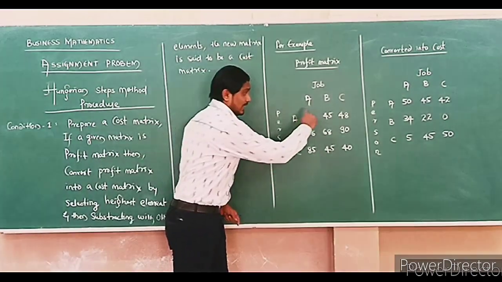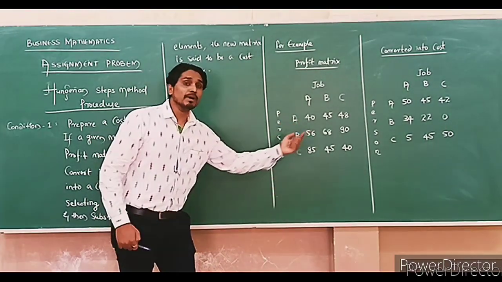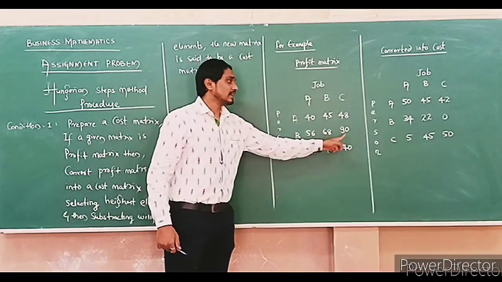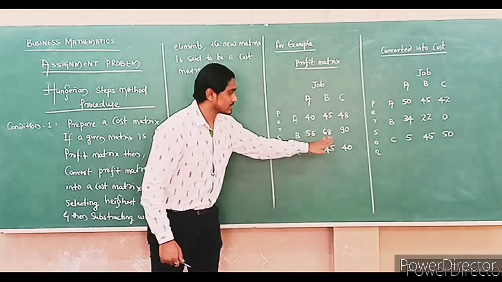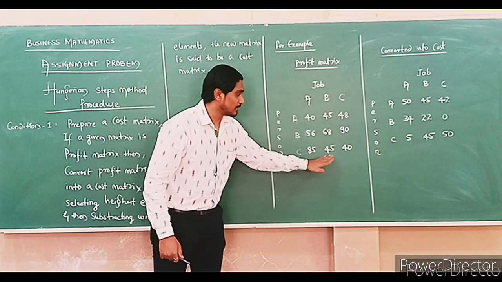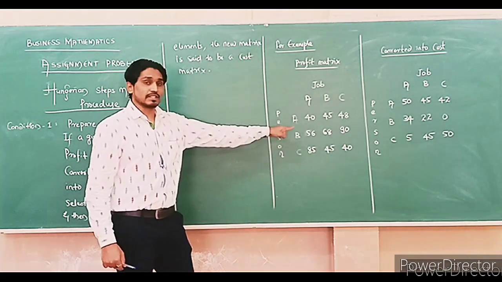We have to select the highest element. If you want, you can check: 40, 45, 48, 56, 68, 90, 85, 45, 40. The highest number is 90.